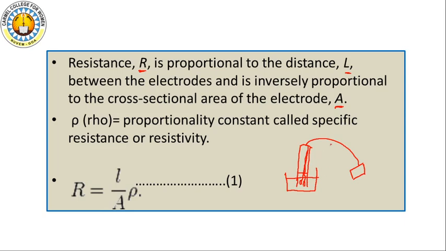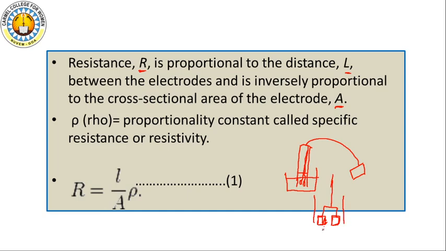Now, what is this L and what is this A? L is the distance. If I say this is one plate and this is another plate, this is your cell.